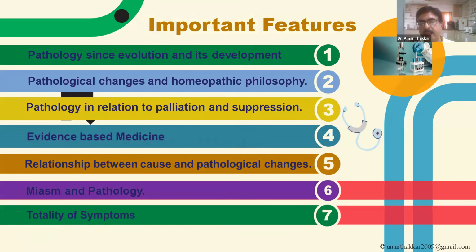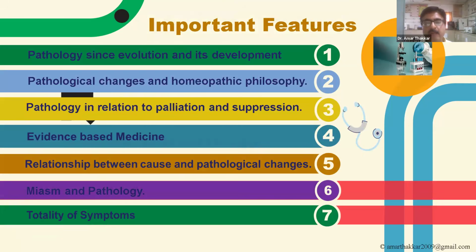These are 7 different points or features in which I have divided the topic which we are going to study at length. The first is pathology since evolution and its development.